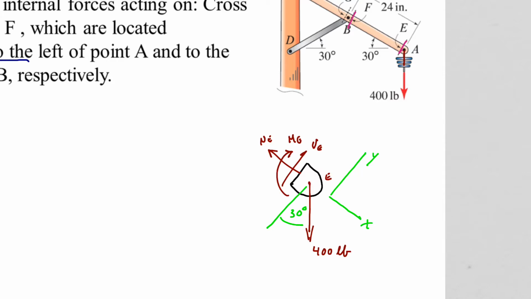All right. So the first step is to start solving for these forces. I can sum forces in the X direction. If I do that, we have the sum of the forces in X equals 0.